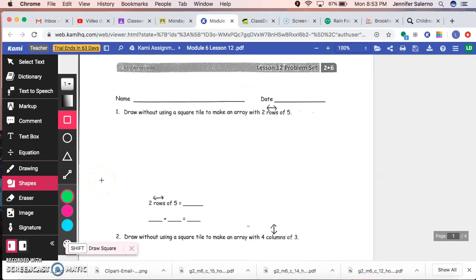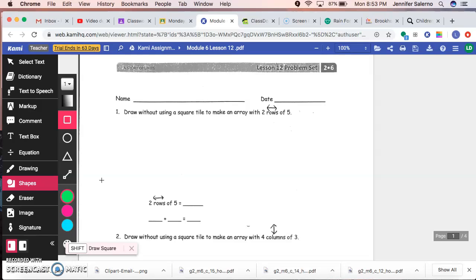Let's review a little bit from yesterday because it actually connects with today's lesson. When we were doing our lesson yesterday on Eureka, you were making arrays, but were we making arrays with smiley faces and triangles and circles, or were we making our arrays with another type of shape? If you said another type of shape, kiss your brain because you're correct.